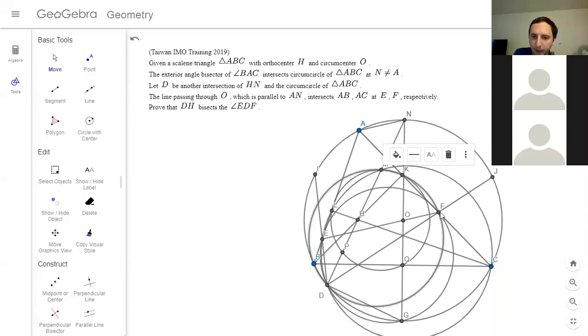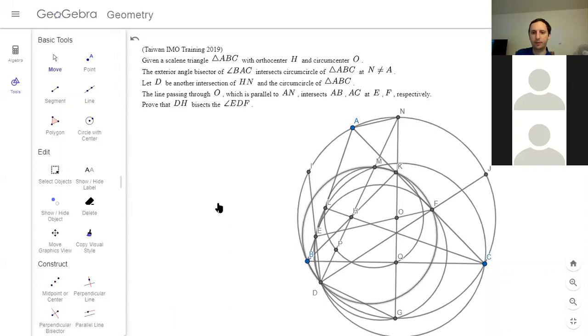We wanted to show BDF was 90, right? I think we should change our approach. Yeah, circles don't give anything. But yeah, we've discovered so much.